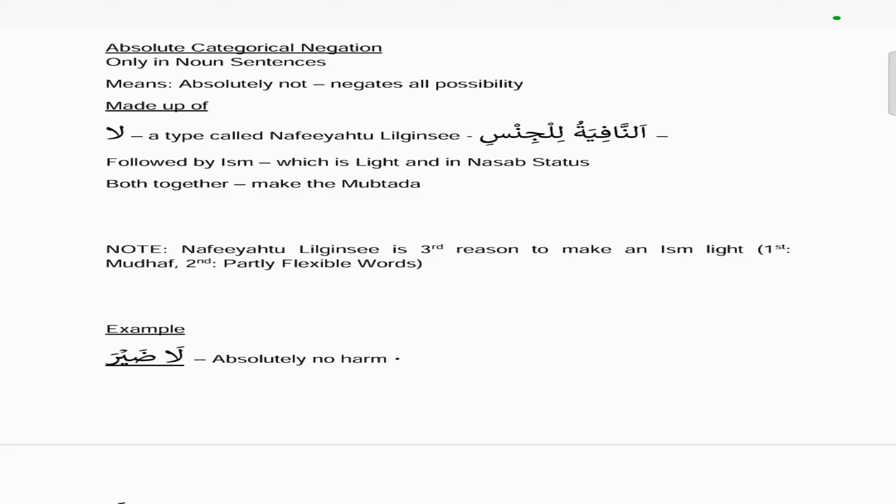This lam with the ism, which is light and in nasab status, both of them together make up the mubtada. We mentioned that there are 4 reasons for an ism to be light, and we've discussed 3 so far. The first was when it's a mudaf, because it has to be light, no al. The second is that partly flexible words are light. And this is the third reason. If it's nafit lil jins, then the ism has to be light.